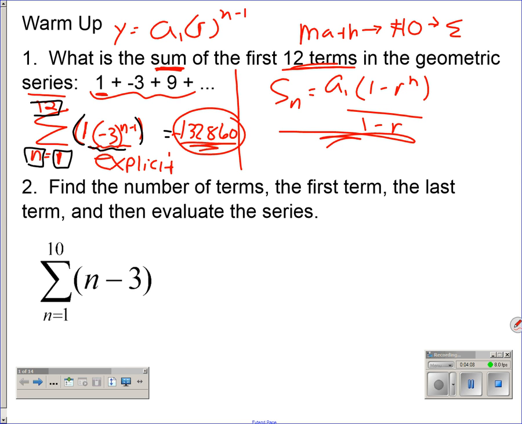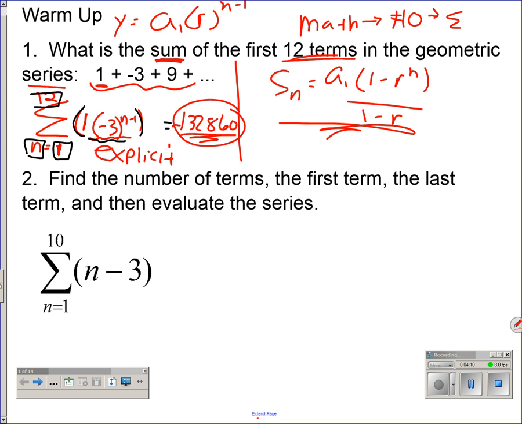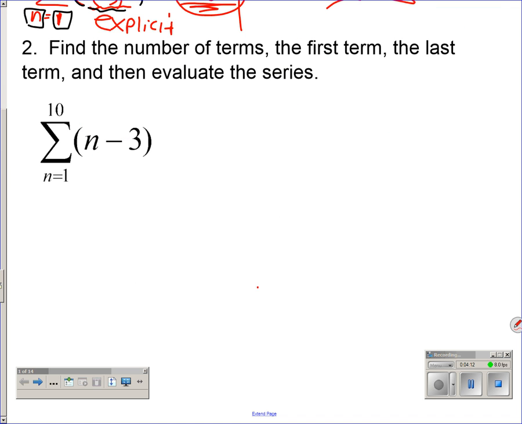All right. Then number 2 is really just being able to interpret and understand what the sigma notation is saying. It says find the number of terms, the first term, the last term, and then evaluate. So let's start with the number of terms. How many terms do we have in this example? Yeah, 10. We're going from the first term to the 10th term.